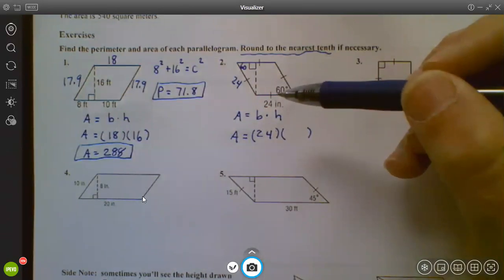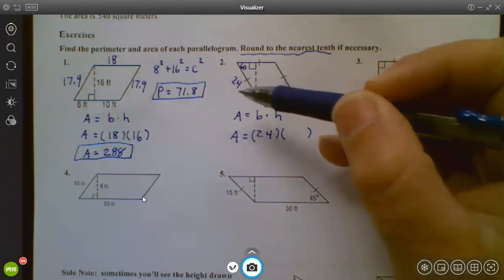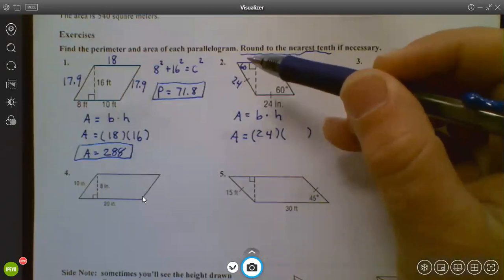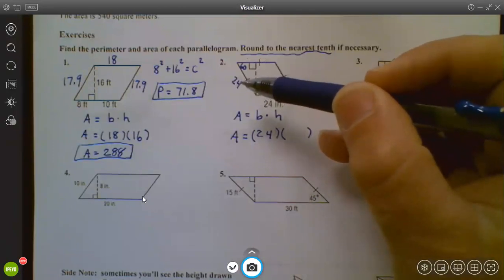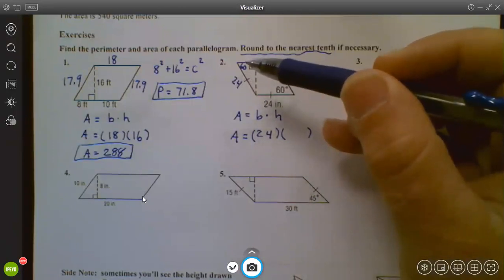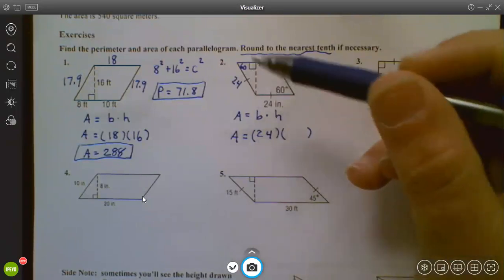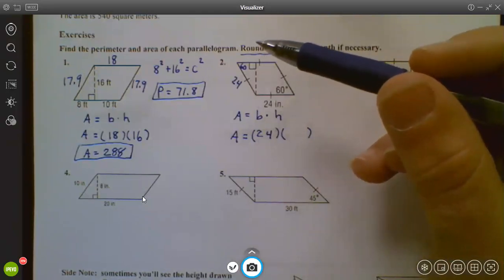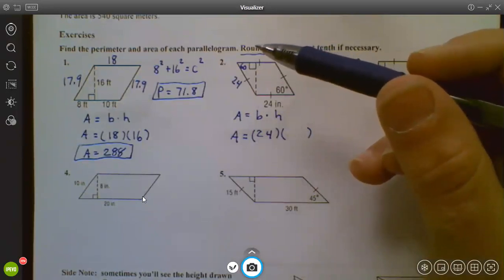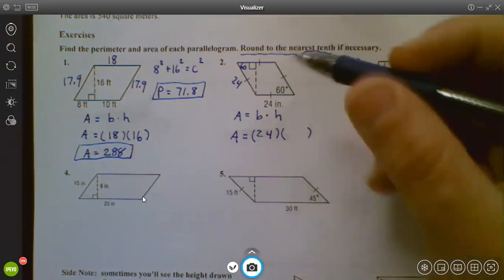Let's remember our process on 30-60-90s. This is our hypotenuse. This one right here would be the short leg, and this one right here would be the long leg. How do we go from hypotenuse to short leg? Don't think trig functions yet, just think your 30-60-90 patterns. Divide by 2.